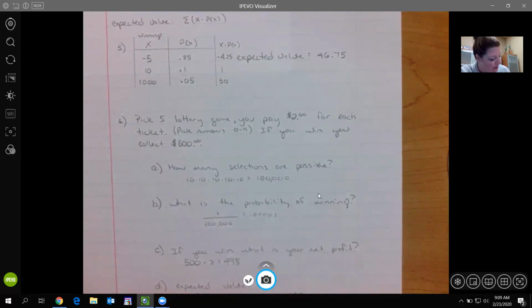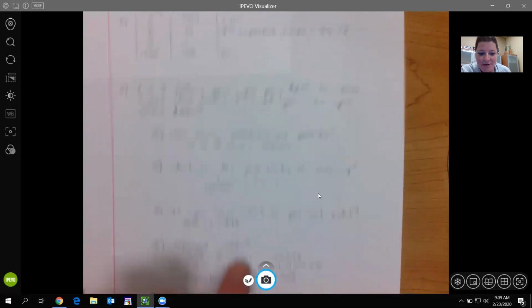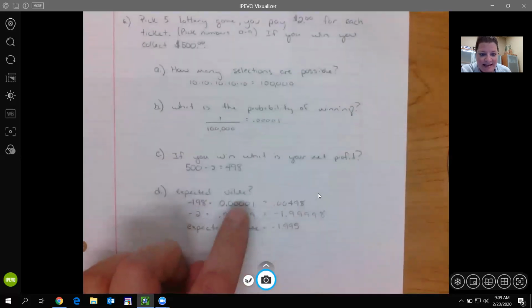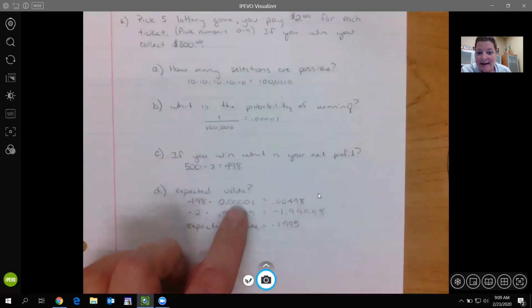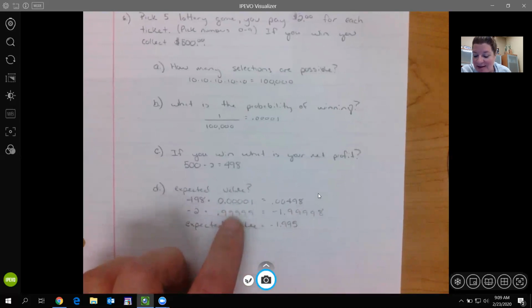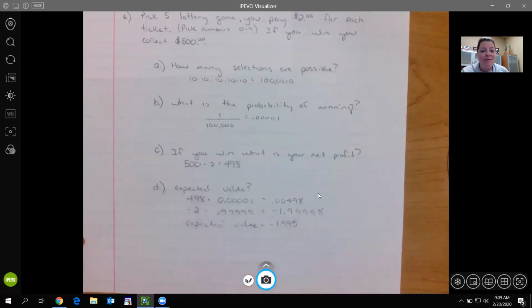Gosh, I couldn't get that out very well. So I take this number and I subtract it from 1 to get this number. So if the probability of winning is 0.00001, then the probability of losing is 0.99999. You're going to probably lose.